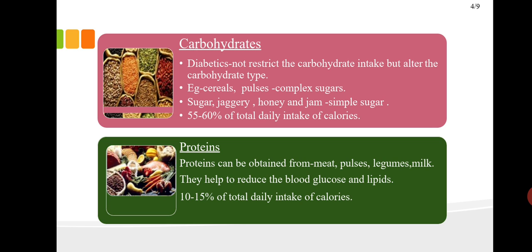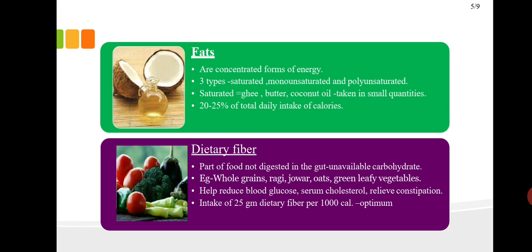The carbohydrate is obtained from cereals and pulses, and the proteins from meat, pulses, legumes, milk, etc. They help to reduce blood glucose and lipids, so they choose protein-rich food. And the fat is 20 to 25% of total daily calorie intake.